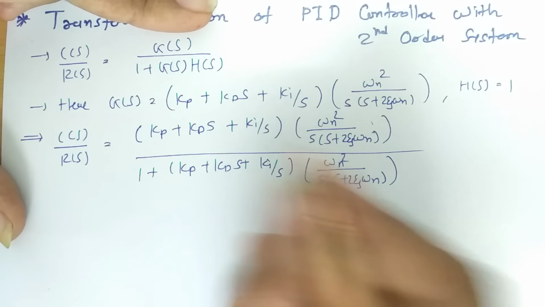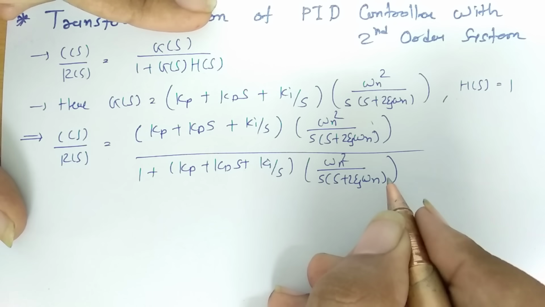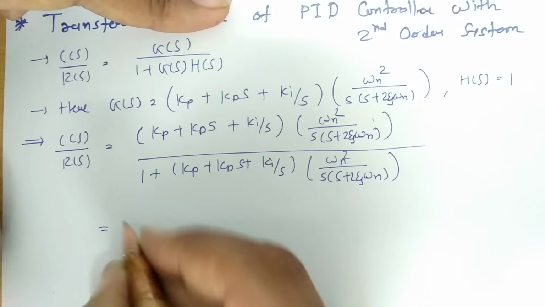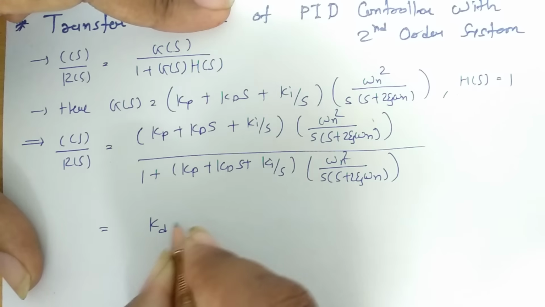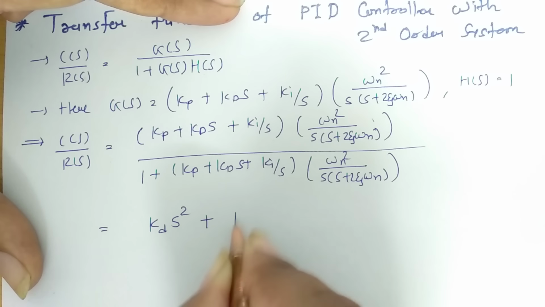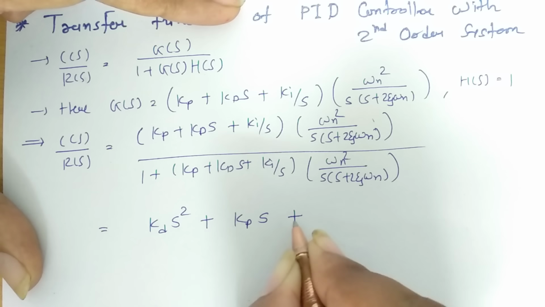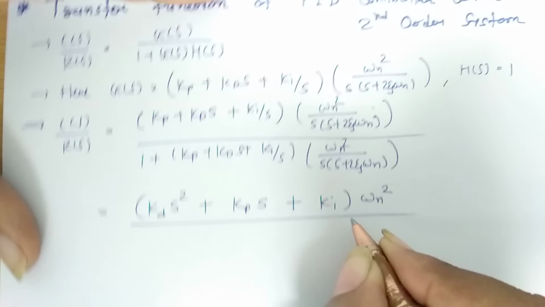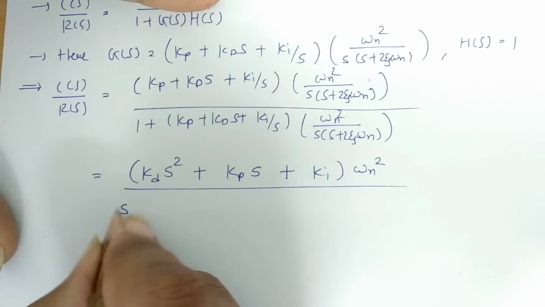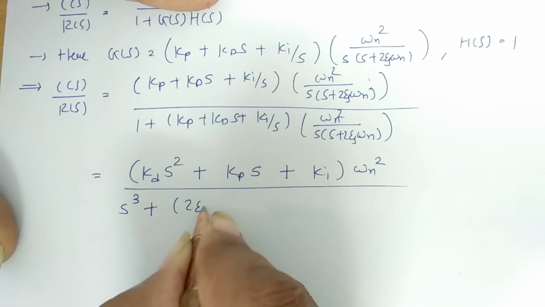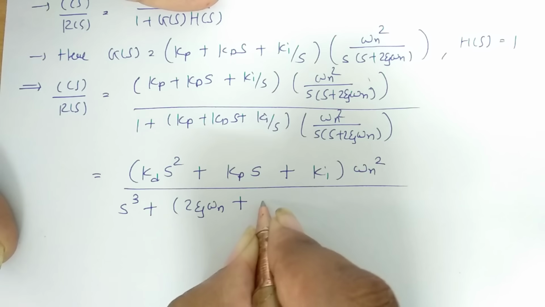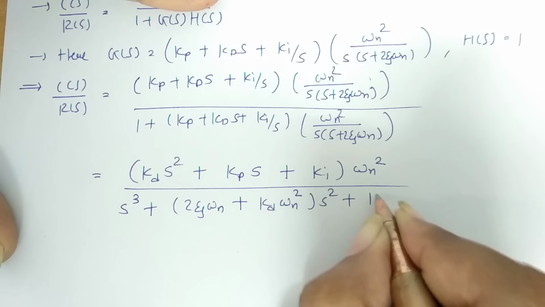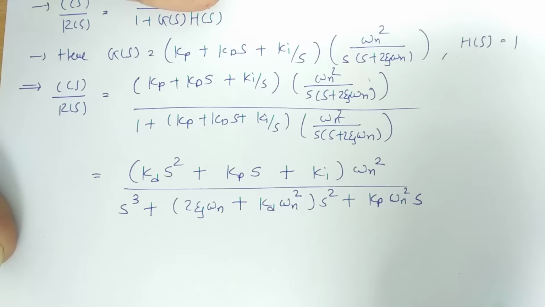Now if I take the LCM of S as well as S into S plus 2 zeta omega n, then this will get cancelled from numerator and denominator, and the transfer function will reduce to Kd S square plus Kp S plus Ki, this into omega square n, divided by S cube plus 2 zeta omega n plus Kd omega n square into S square plus Kp omega n square into S plus Ki omega n square.